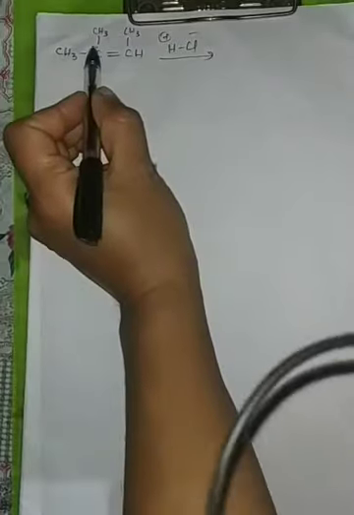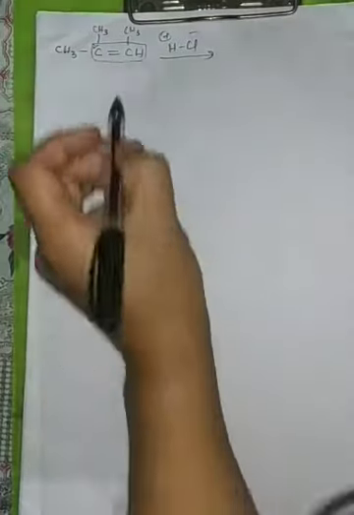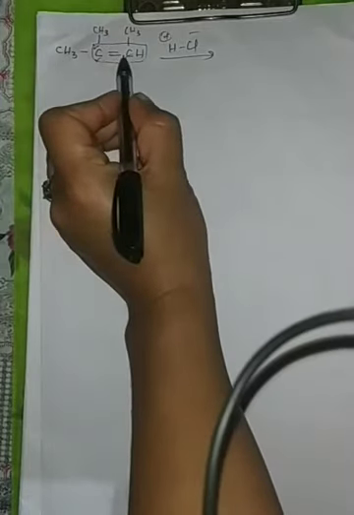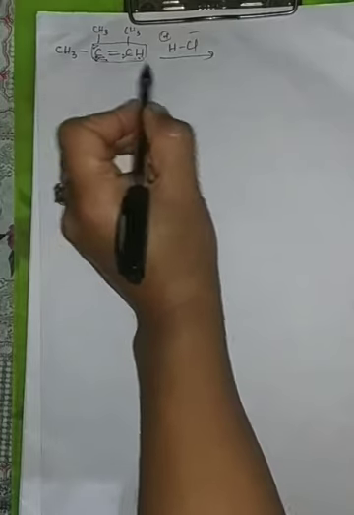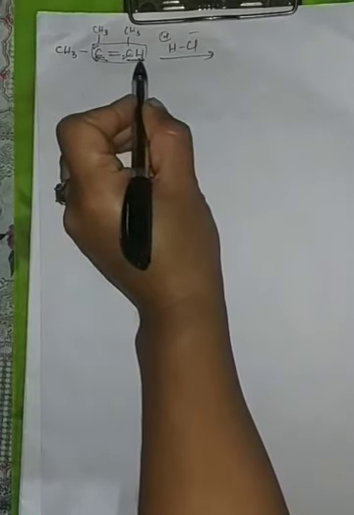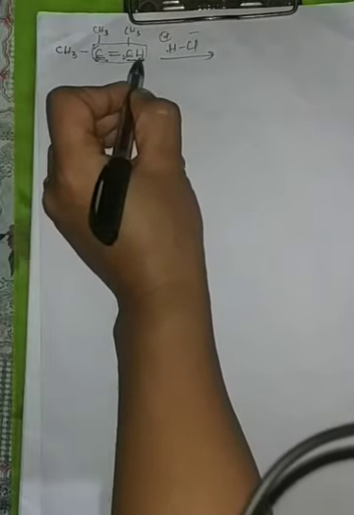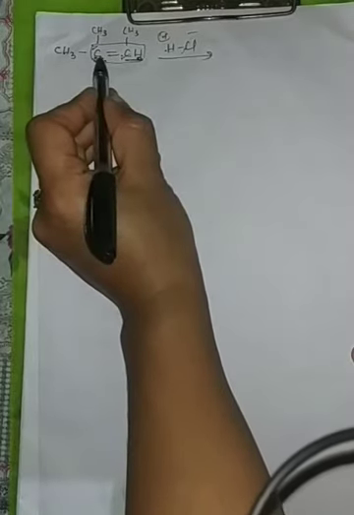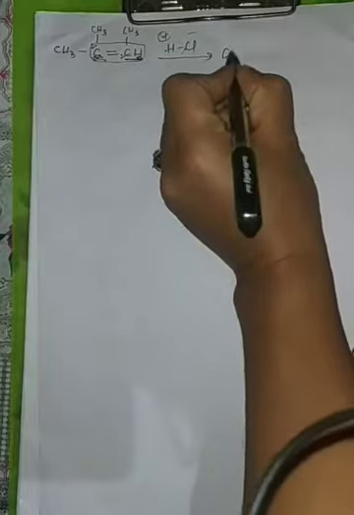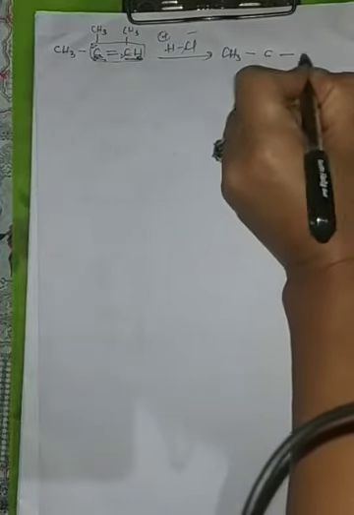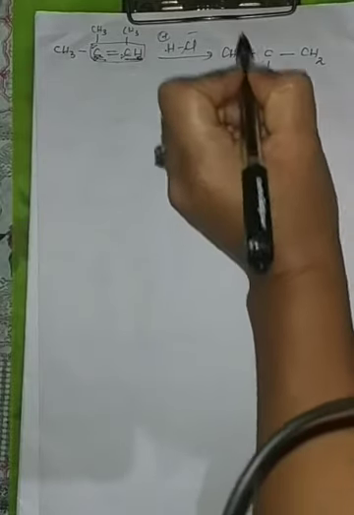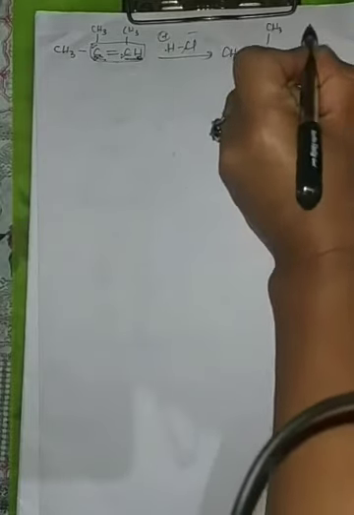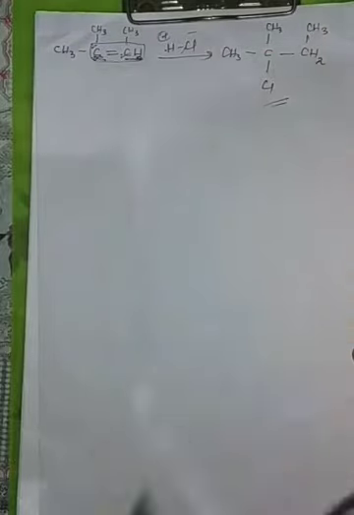If we consider this carbon and this carbon, there are no hydrogen atoms here, whereas for this carbon we have one hydrogen atom. Therefore the H plus would attack here, and then the Cl minus would come and attack here. Therefore the product here will be CH3 C single bond CH2, one hydrogen came and attacked, our Cl would be here, CH3 and then CH3. Therefore this is our product for this reaction.